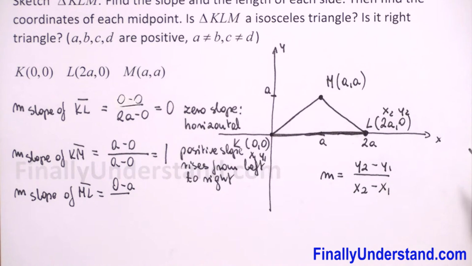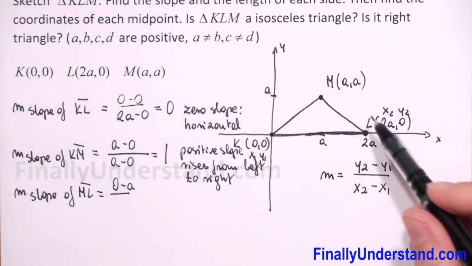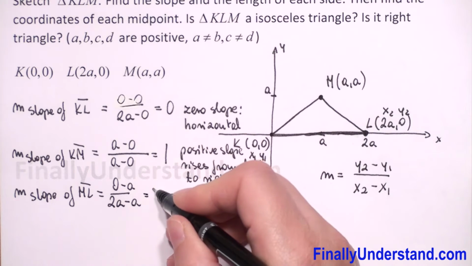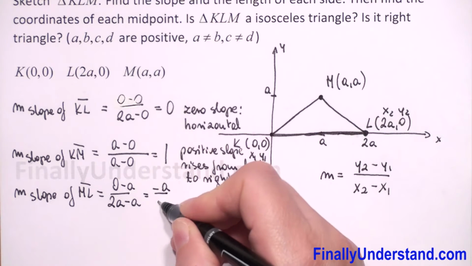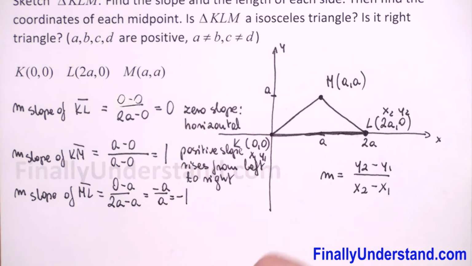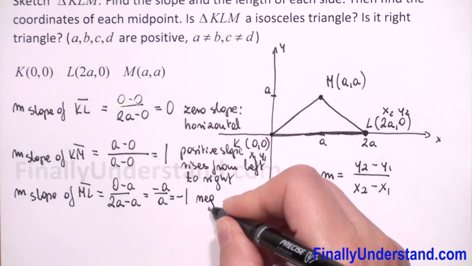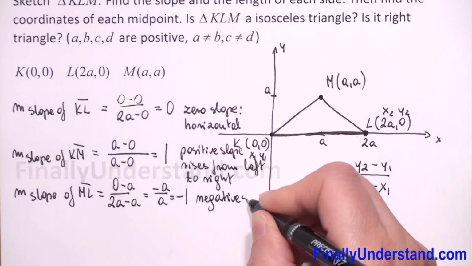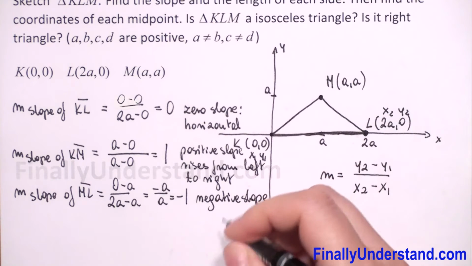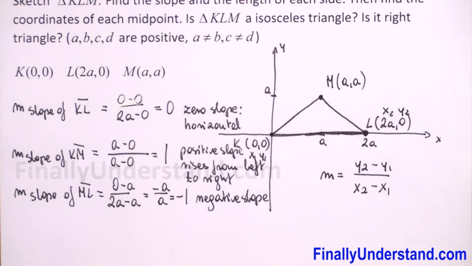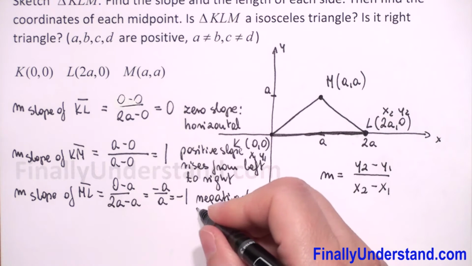And now we have to in the denominator subtract x coordinates, so we have 2a minus a. So this is equal negative a over a, so this is negative 1. We got negative slope. It means that our line falls from the left to the right.